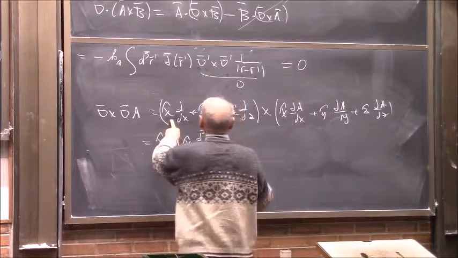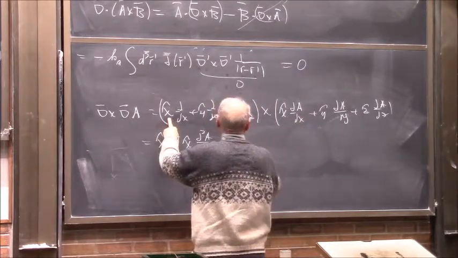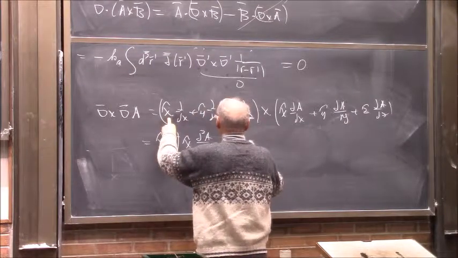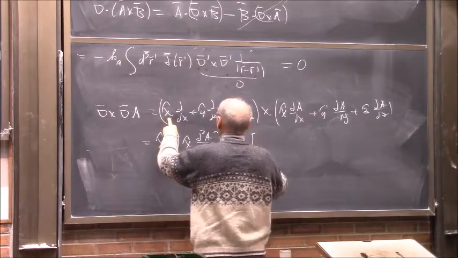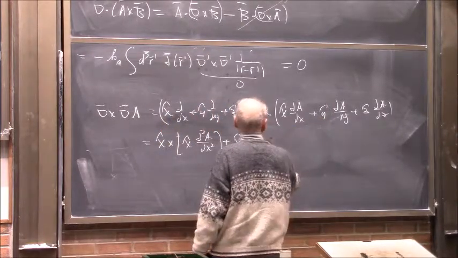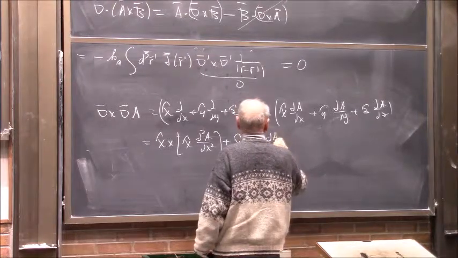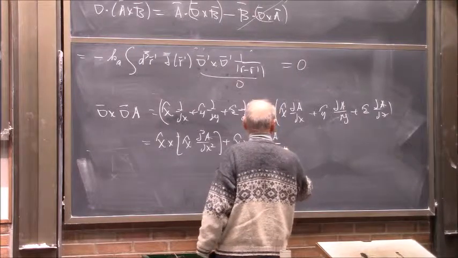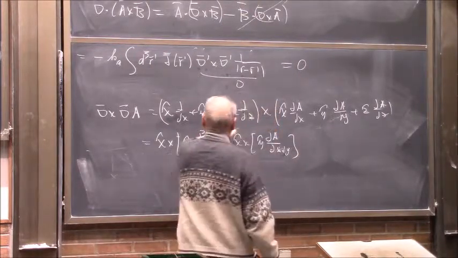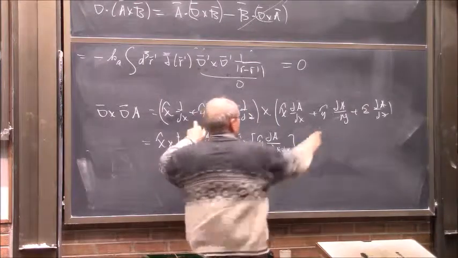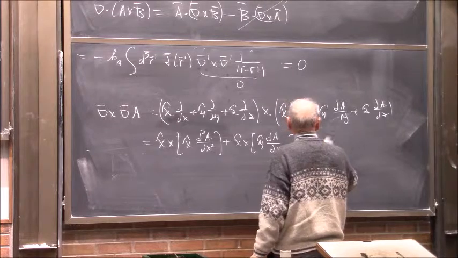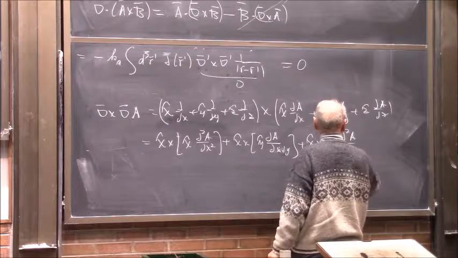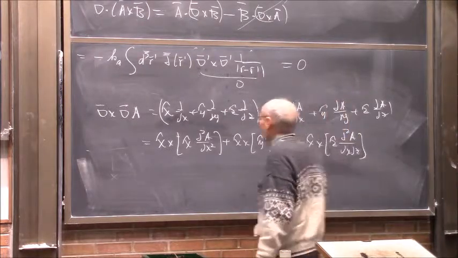Now I do this one, and I get x hat crossed into, it does nothing to the y hat, d squared A dx dy. And now I do this one. x hat cross does nothing to the z hat, d squared A dx dz.